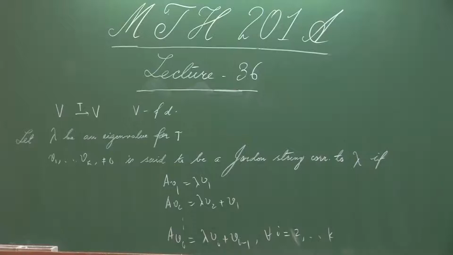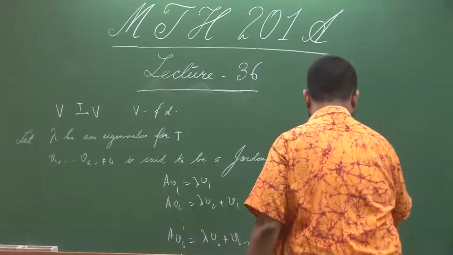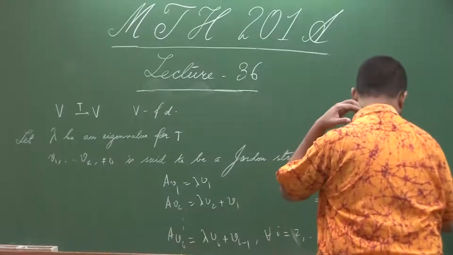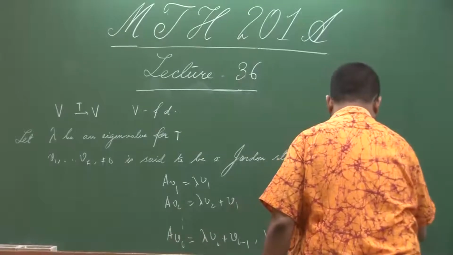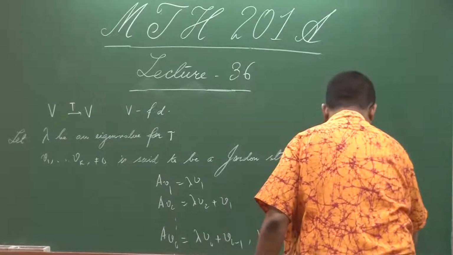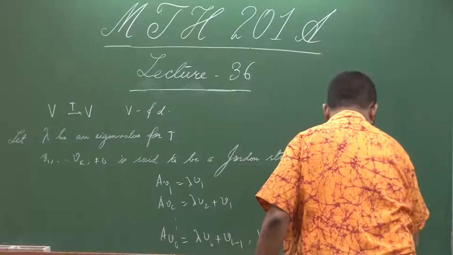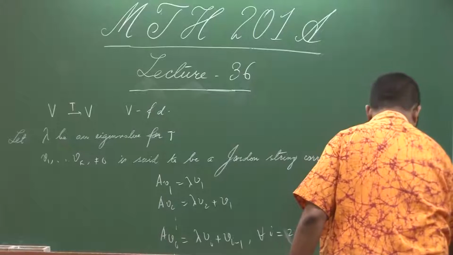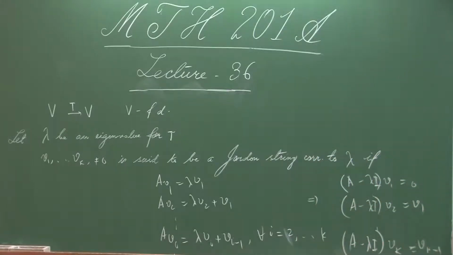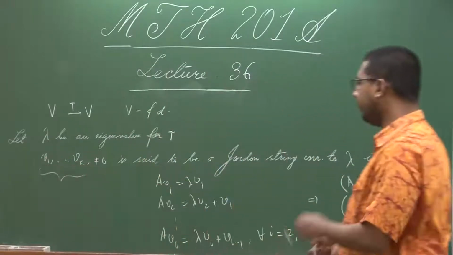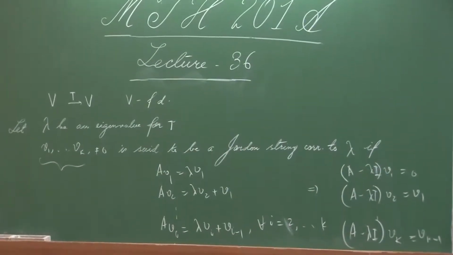Or you can see from here that if you consider the operator A minus lambda I, the first vector v1 goes to 0, the second vector goes to v1, and similarly the last vector vk goes to v_{k-1}. If this happens, then we call this a Jordan string corresponding to the eigenvalue lambda.